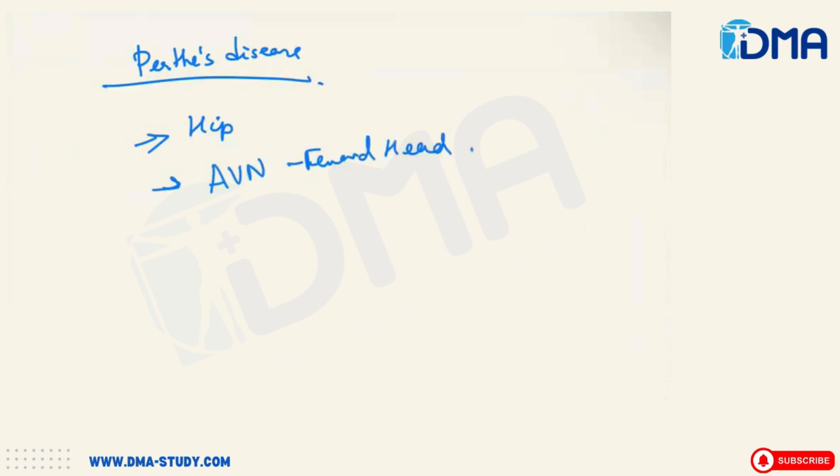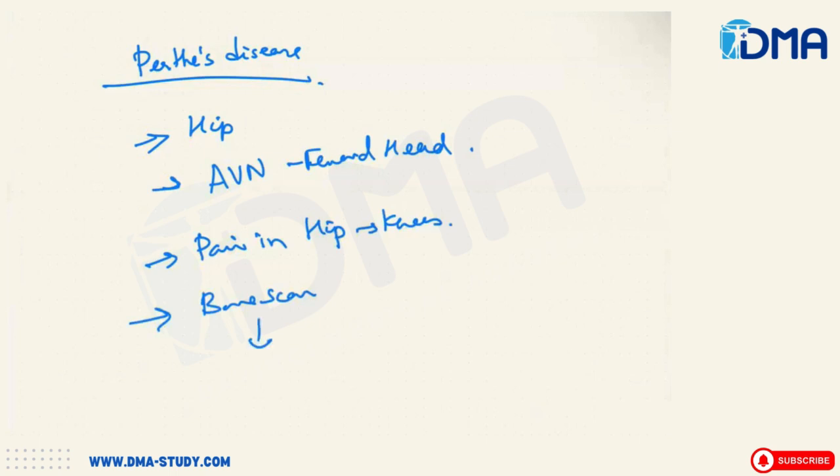Avascular necrosis of the femur head happens. Here the patient usually presents with pain in the hip that is radiating to the knee. The earliest change is discovered with a bone scan, and later you discover it with an MRI. Right? And the treatment for Perthes disease would be a total hip replacement.